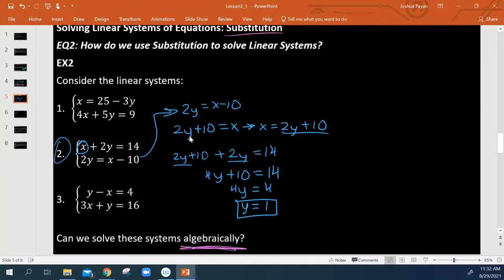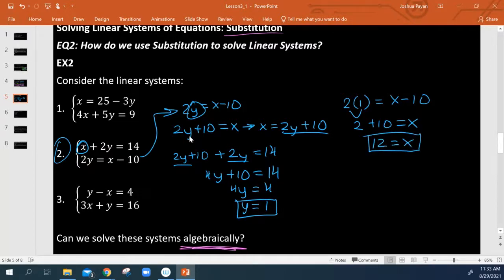Now that I know what y is, I'm simply going to go ahead and solve for x. So I'm going to take my y and plug it in here. Okay? So 2 times y is equal to x minus 10. So obviously this is 2. Add 10 to both sides. 12 is equal to x.